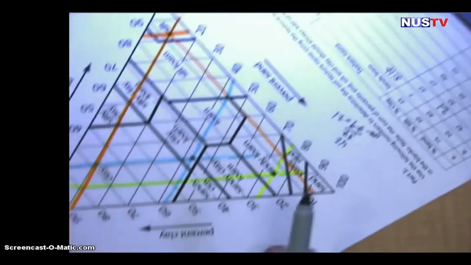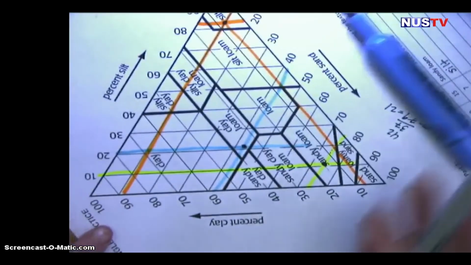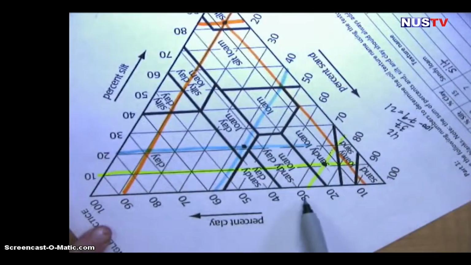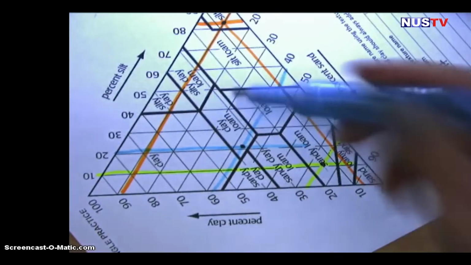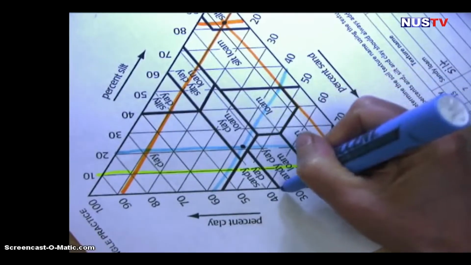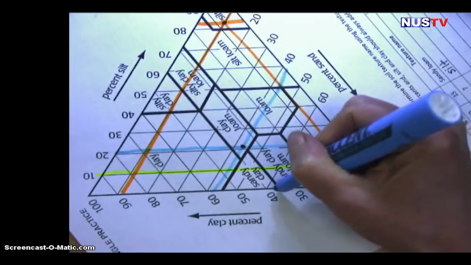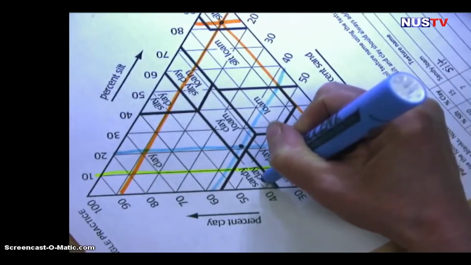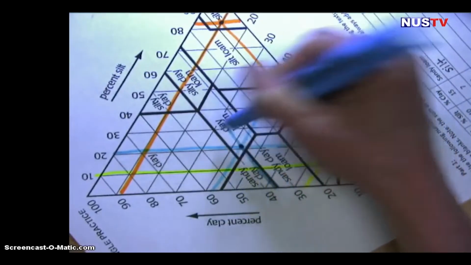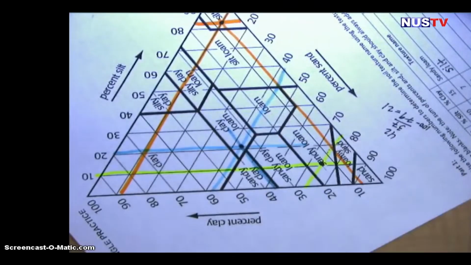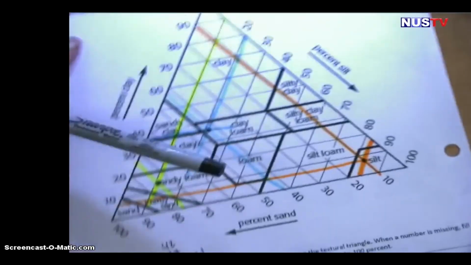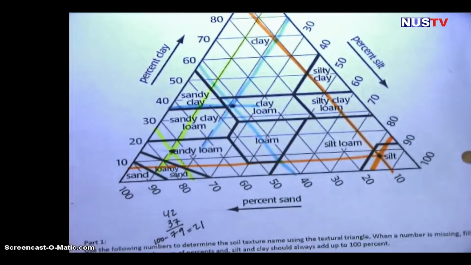I'm going to situate it so clay is directly in front of me, and then I'm going to find here's 30, here's 40, and I'm looking at the lines on the left. So 35 is probably in the middle, so 37 would be about right here. And so where all three of those intersect would be a clay loam.